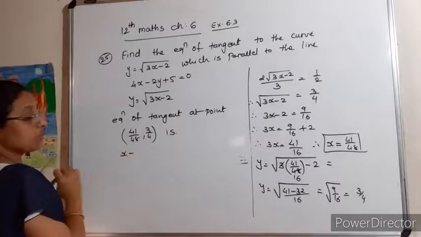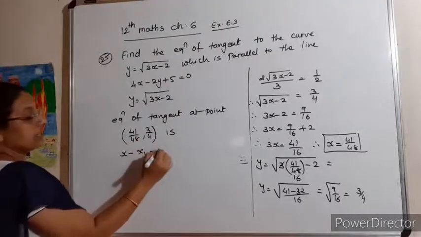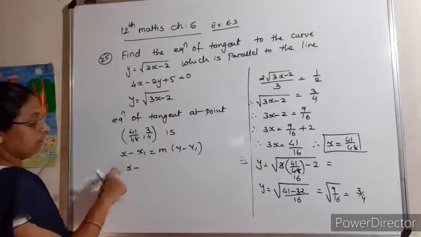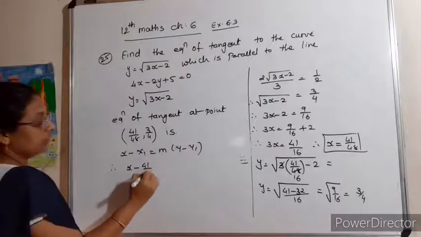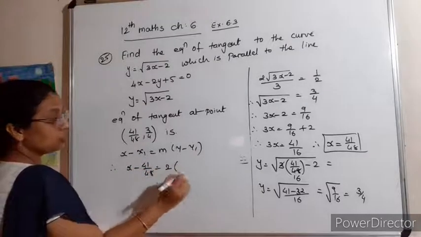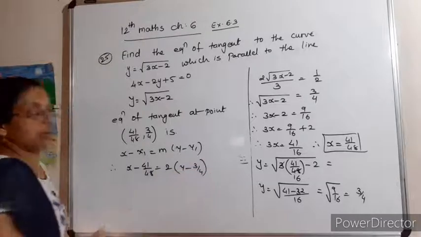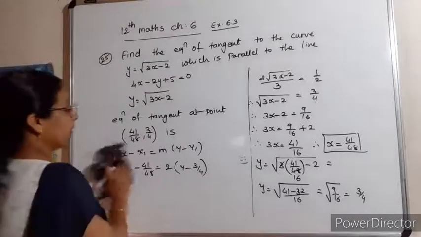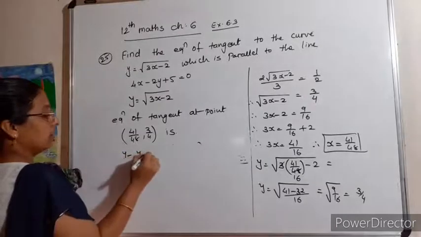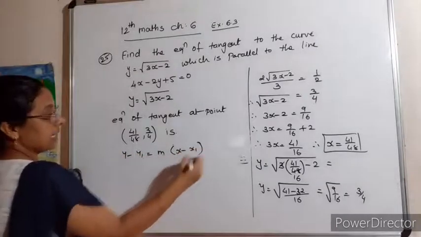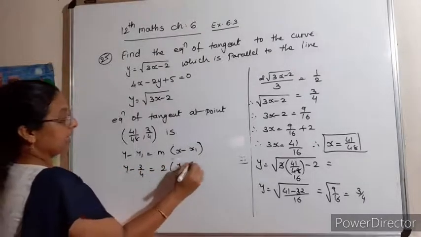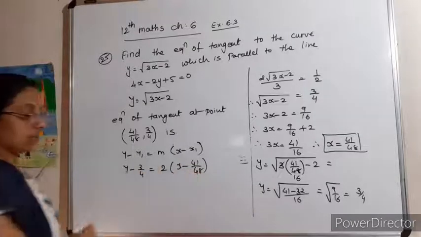We'll write first m times (x minus x1)... I wrote it the other way around. It is y minus y1 is equal to m times (x minus x1), right? Yes. So y minus 3 by 4 is 2 times (x minus 41 by 48), right?